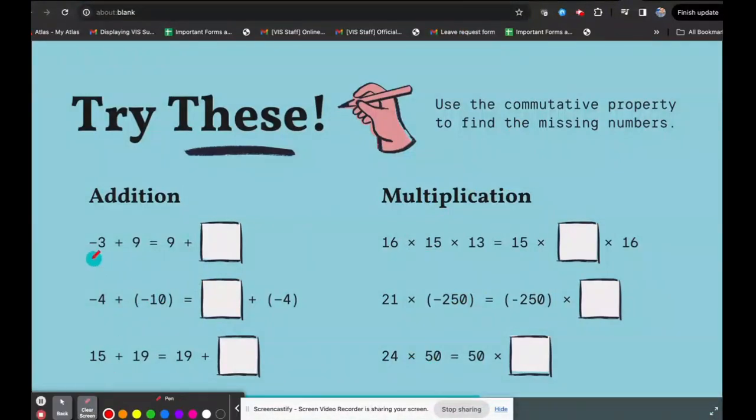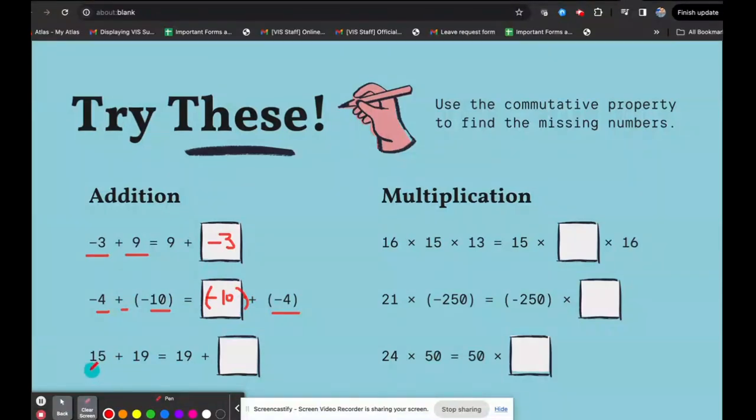You can see that minus 3 plus 9 equals 9 plus minus 3, which is missing here. Next, minus 4 plus minus 10. Here we have minus 4, but minus 10 is missing, so you can write minus 10 in the bracket.